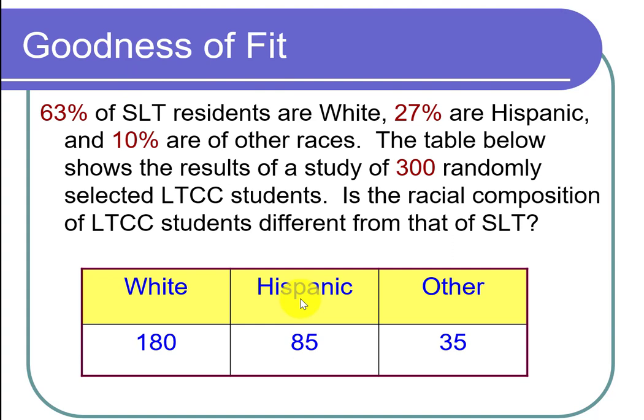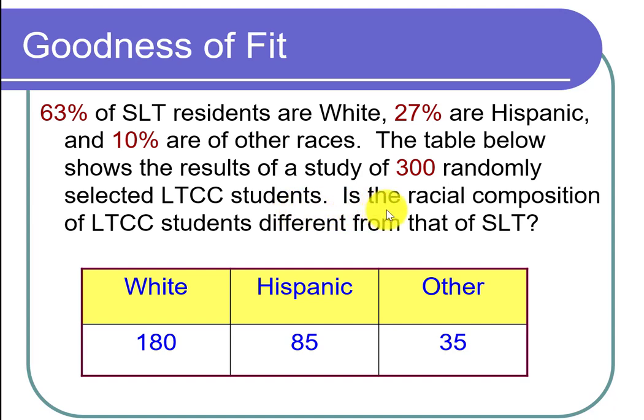So here's an example. 63% of SLT, that stands for South Lake Tahoe, that's my town, residents are white. 27% are Hispanic, and 10% are of other races. The table below shows the results of a study of 300 randomly selected LTCC students.